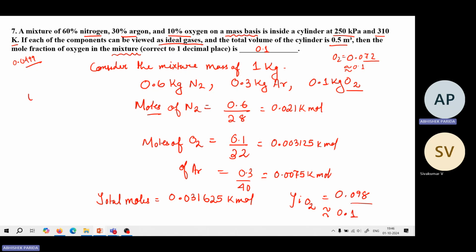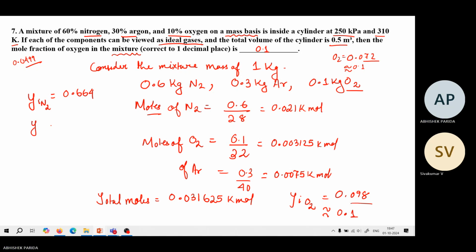Similarly, find out for N2: 0.021 divided by 0.031625 is 0.664.